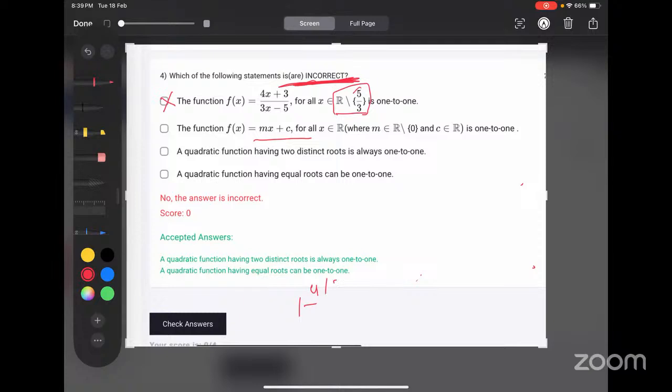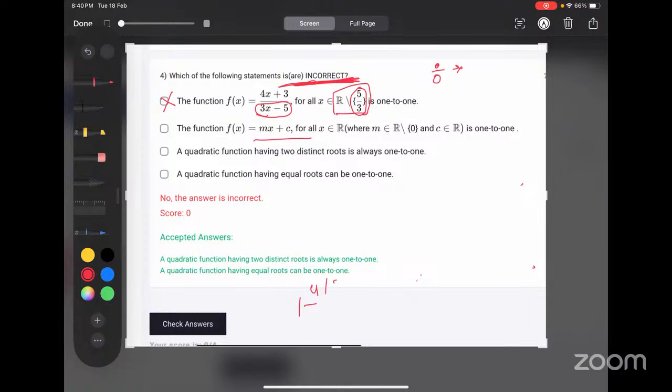We can't take the point 5 by 3 because at this point, the denominator portion will be 0. So some number divided by 0 is an undefined number, right? Okay. So if you take 5 by 3 instead of x, we will get an undefined number. That's not 0 by 0, ma'am.